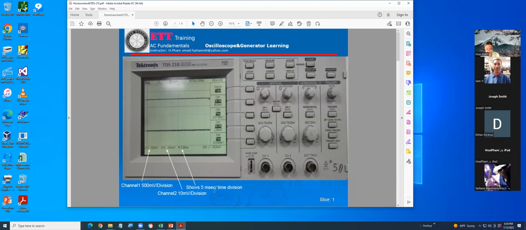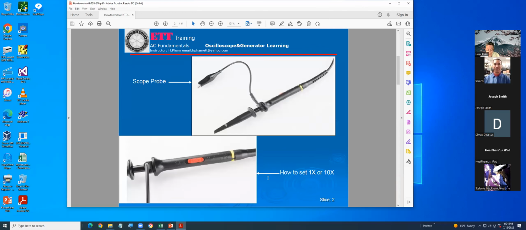But the important thing, when you connect the scope probe here, this is the scope, okay? Scope probe. You can connect this side, must be connected to the right, and this will be connected to where you want to measure.